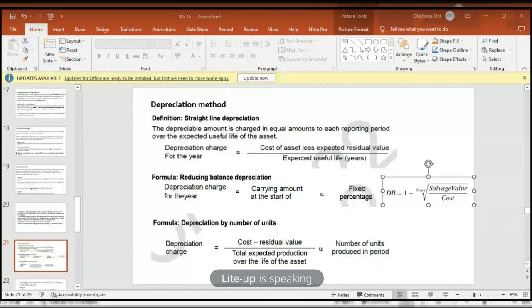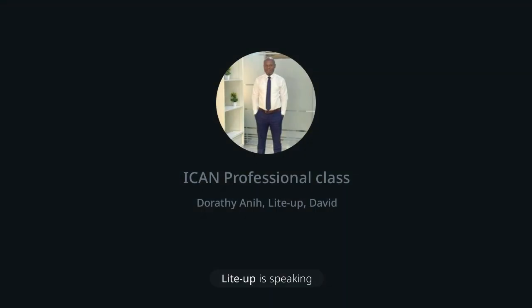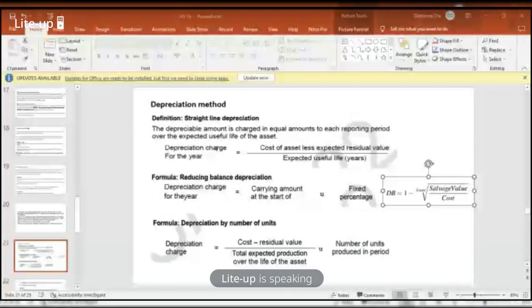Use the chat box so I can quickly attend to that. Any question? If there's no question, you can still use the chat box to say no question for now, so that I will know that you can hear me. Since I can't hear you because I muted your mic, the chat box will help me know that you can hear me.